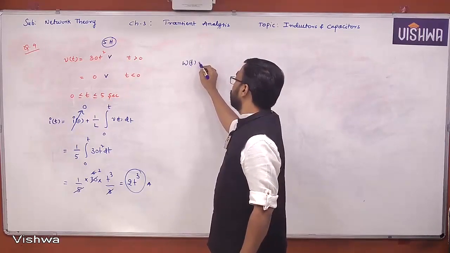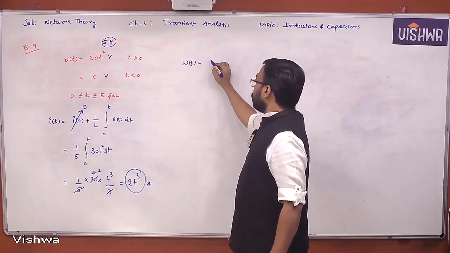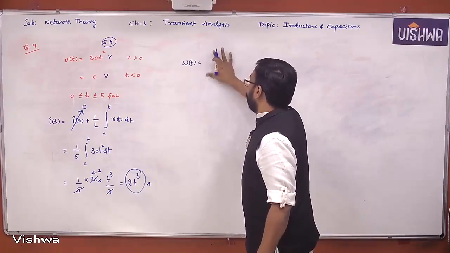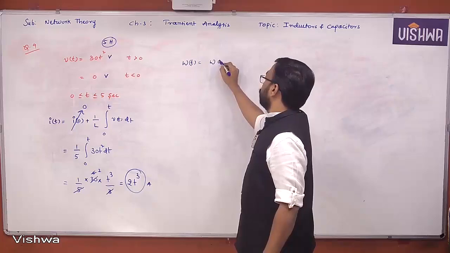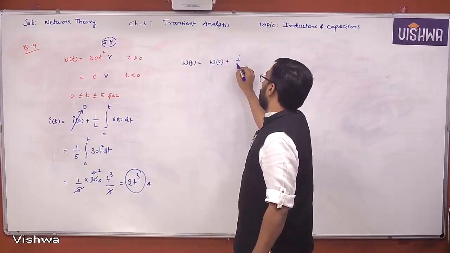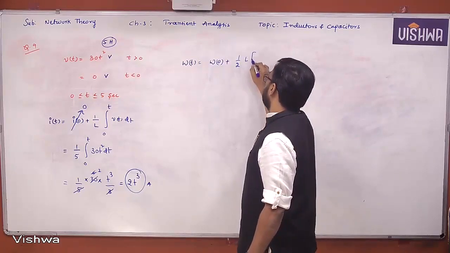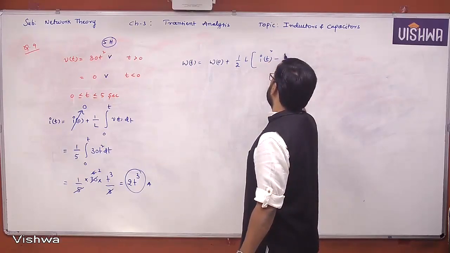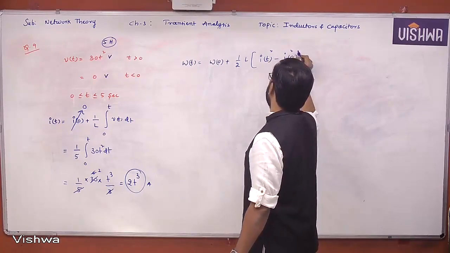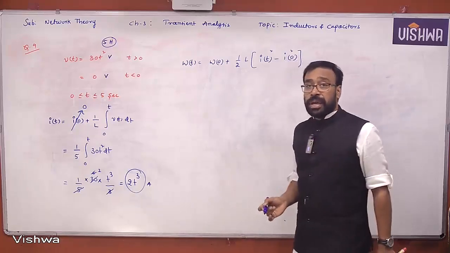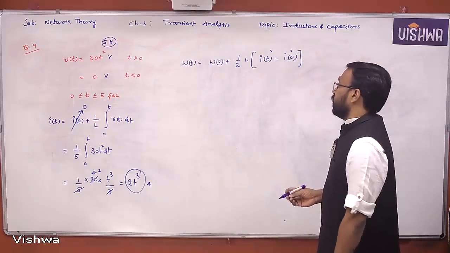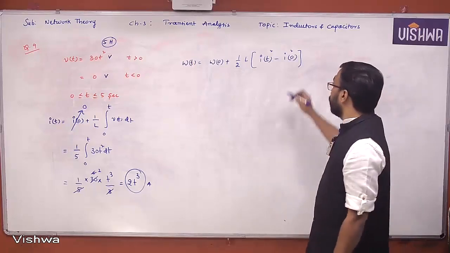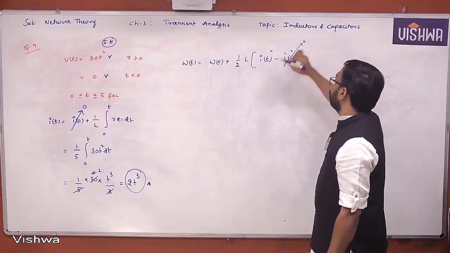Energy is W of 0 plus half L, I of t square minus I of 0 square. Yes or no? What is that I of 0 here? Did he mention anything about initial current? No. Therefore, let us take it as 0.